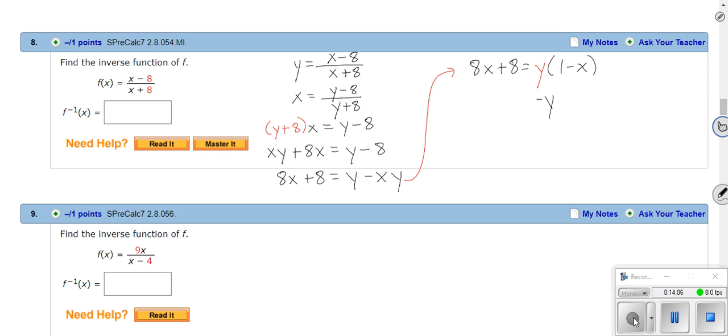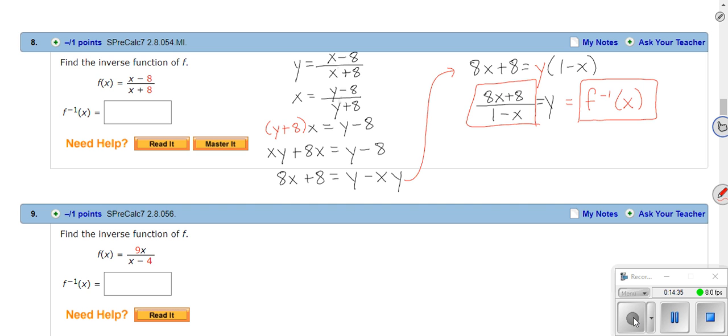So now y equals 8x plus 8 over 1 minus x. That is your inverse function. So this is f inverse of x. Okay, you have to isolate the terms that have y in them together on one side of the equal sign and then factor it out.